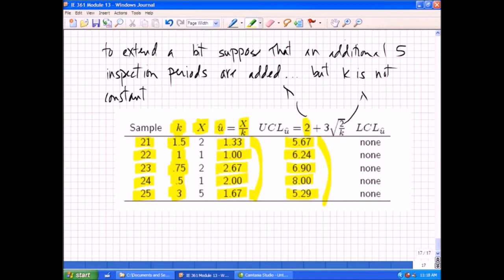So there is still no evidence of a process change from this lambda of 2.0.